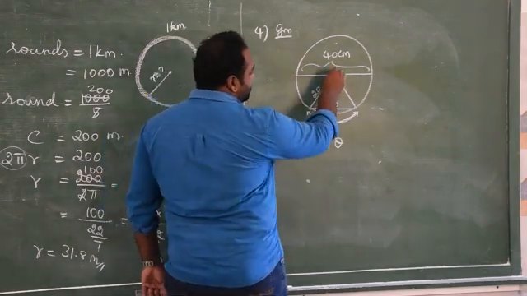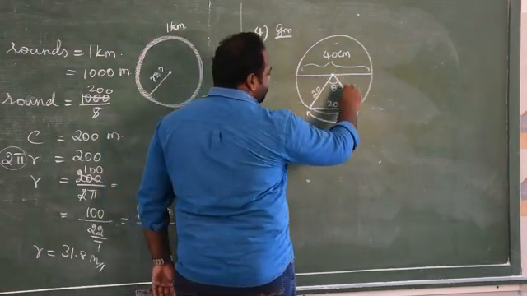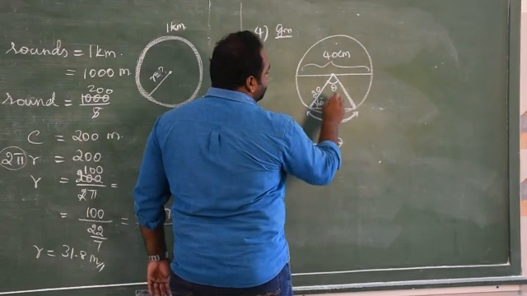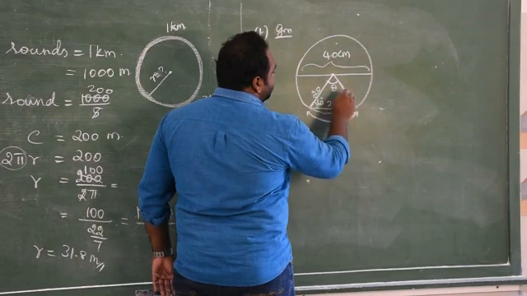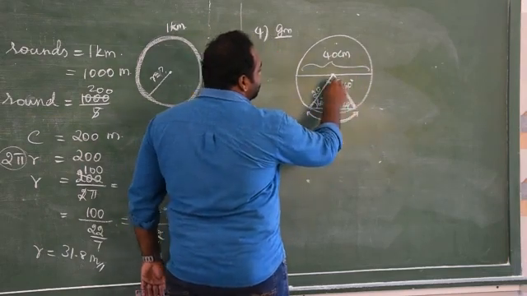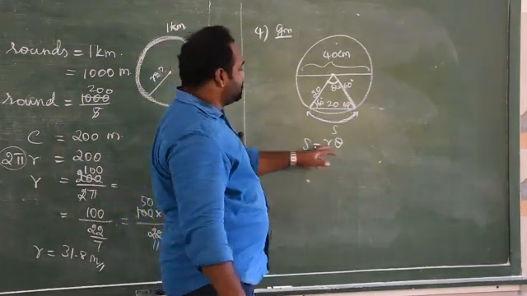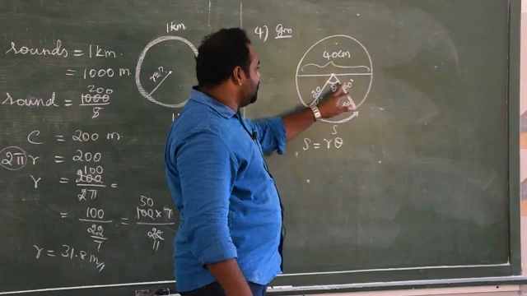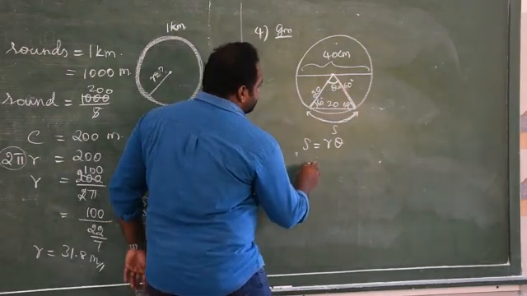Actually this is an equilateral triangle. We know that all three angles will be 60 degree angle. This is also 60 degree angle. Anyway, we need only the center angle value, because the theta value is the center angle value. So that is 60 degree, we know that.